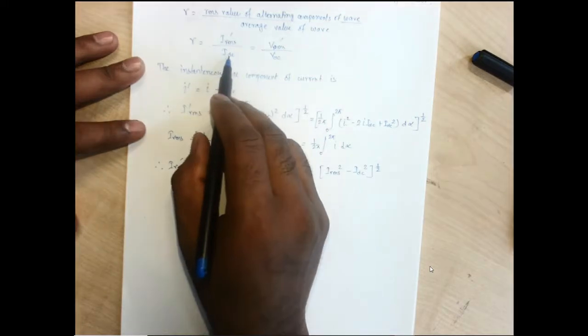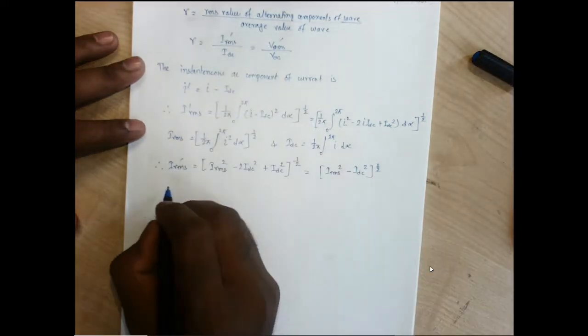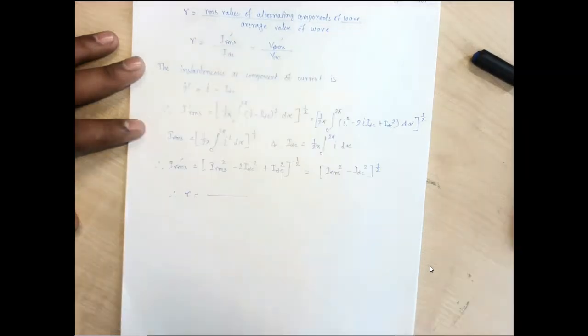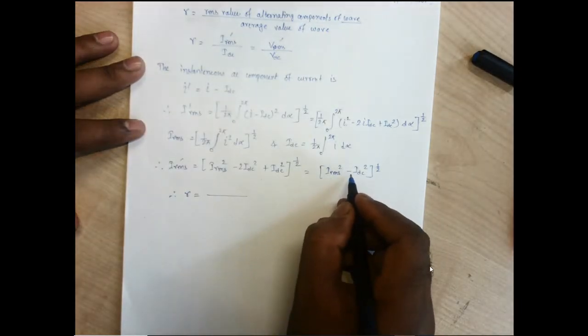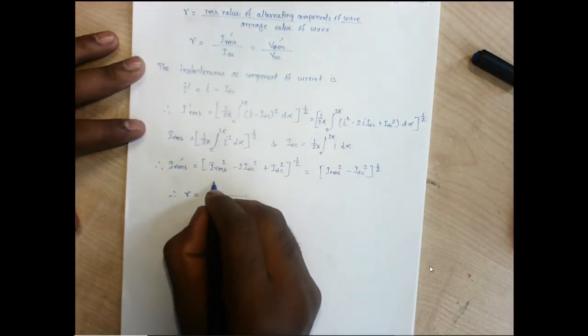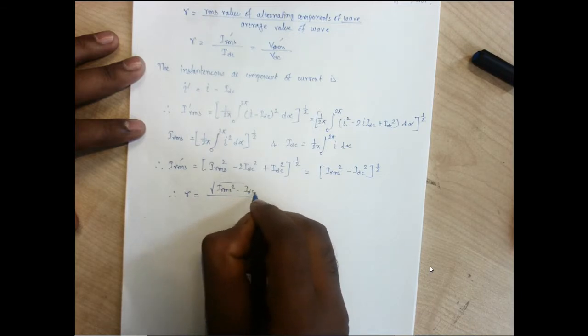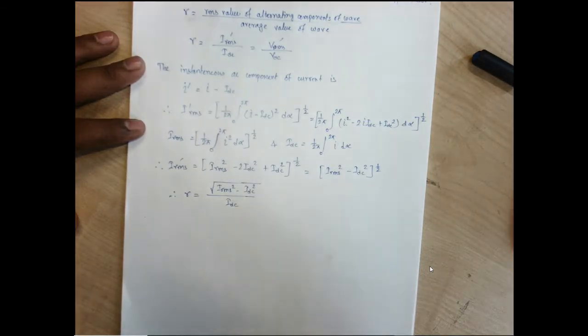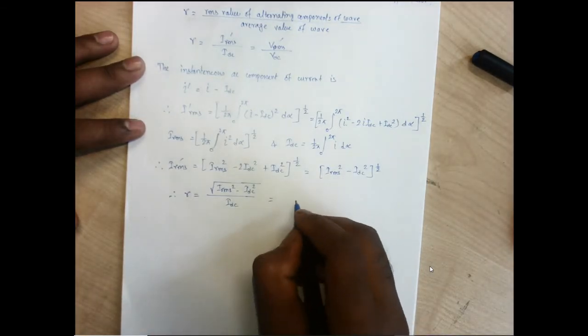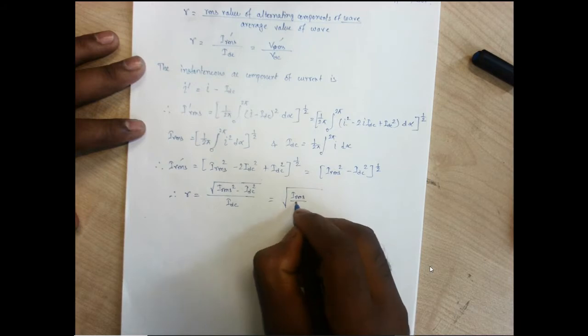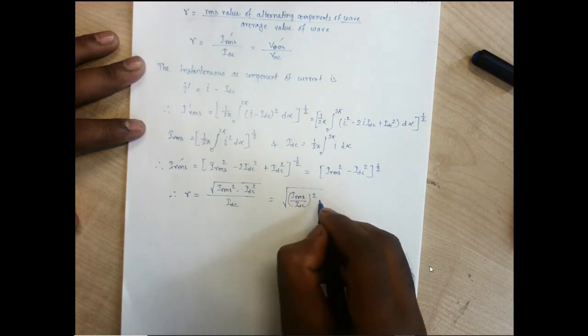Now we need to compare it with the converted DC value. Therefore, this ripple factor, if we put the value of IRMS prime, will be root over of IRMS square minus IDC square, by IDC. We can further simplify this one as root over of (IRMS by IDC) whole square minus 1.